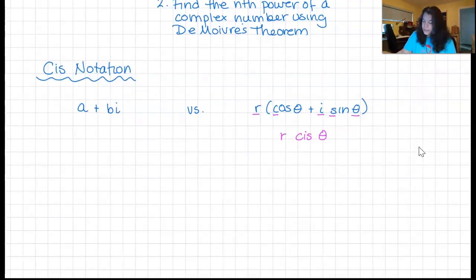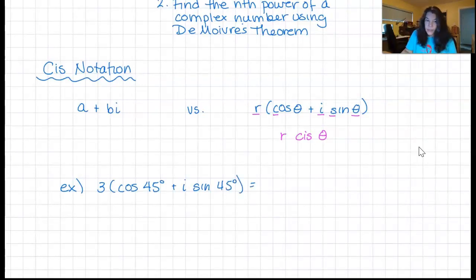It's a little faster. So a quick example, if I had 3 cosine 45 degrees plus I sine 45 degrees, rather than writing that out every single time, you could just say 3 sis 45 degrees. Same exact thing.